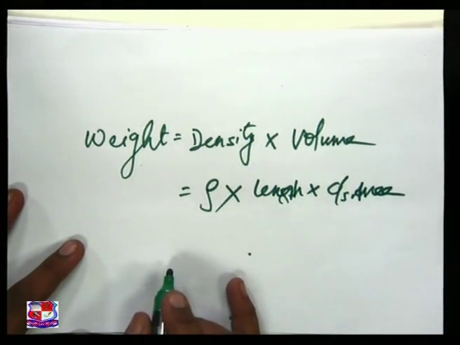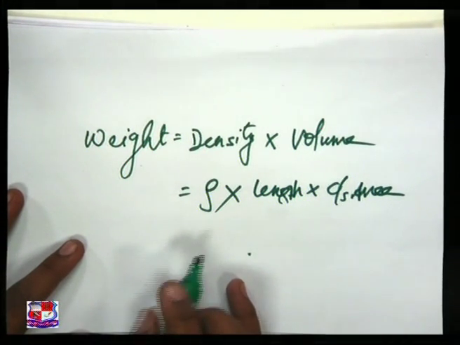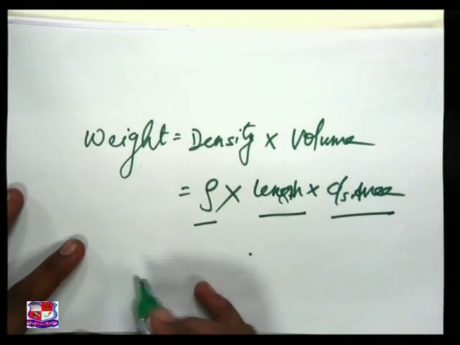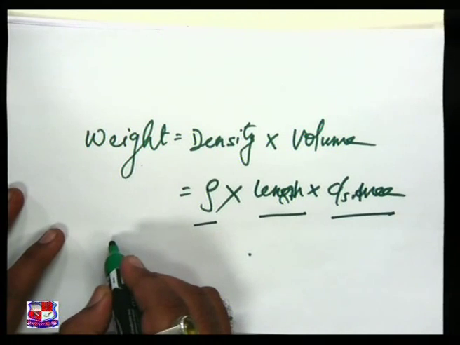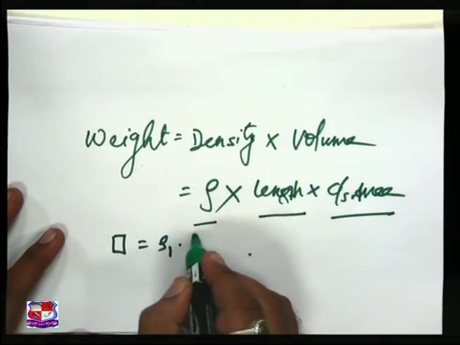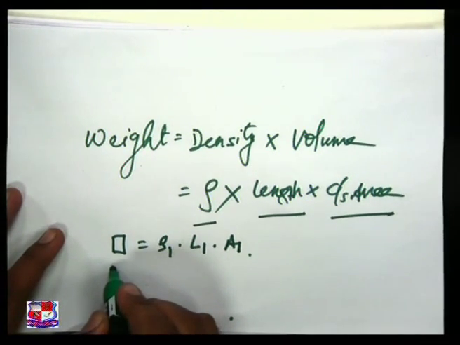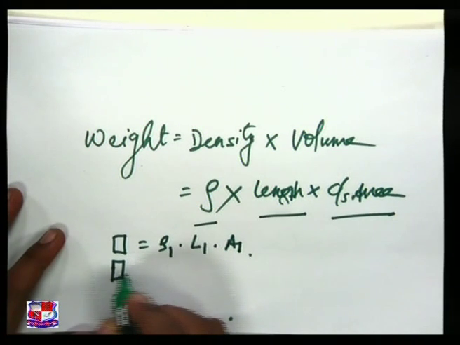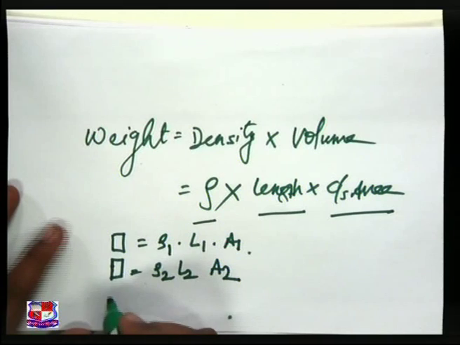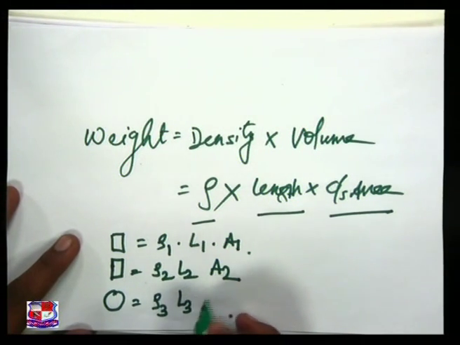So for the square section, it is rho 1 L1 A1. For the rectangular section, rho 2 L2 A2. For the circular section, weight is equal to rho 3 L3 A3.